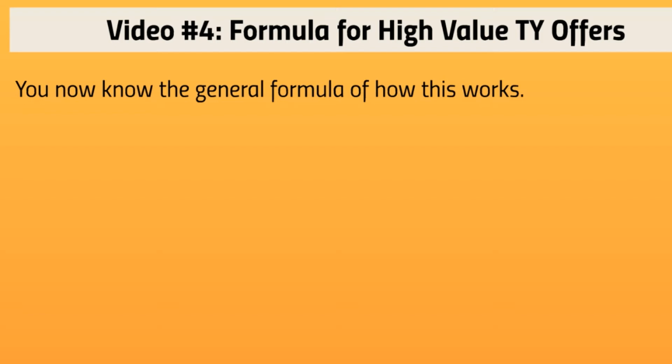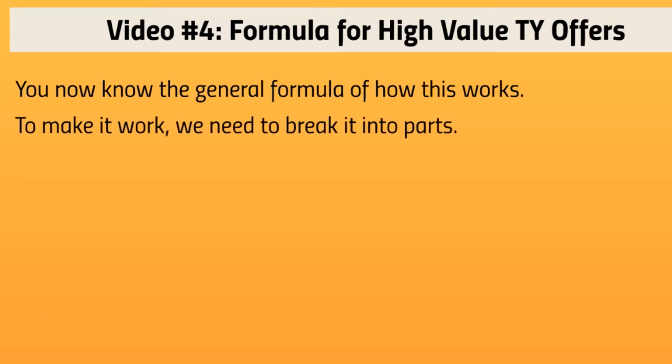Because as a vendor, a lot of times we think, okay, if I'm going to share my list with you, and you're selling the exact same thing as me, then you're just going to steal my list. So you really have to think about how you can offer something of value, but not in direct competition, if that makes sense. To make this work, you really need to break it into parts.